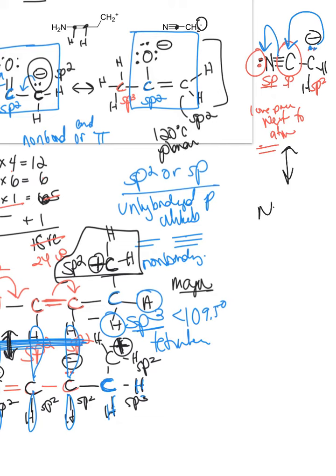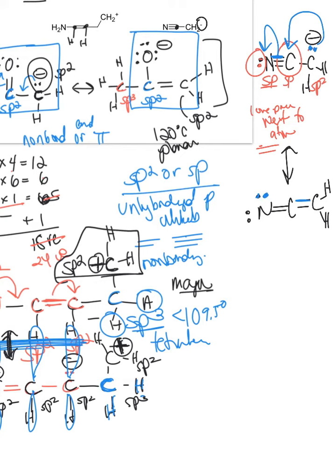Then what that looks like is lone pairs go on that nitrogen, and then this makes a double bond here. And so let's make sure these electrons here are now here. These electrons here are now here.